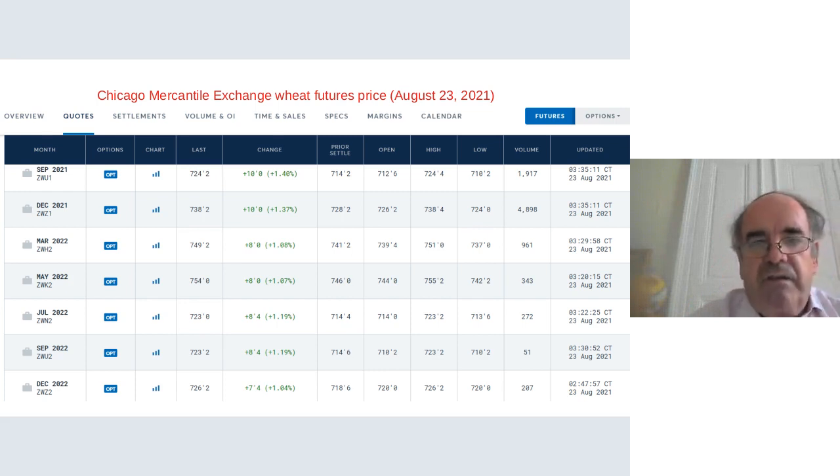Last price is the fourth column. For wheat, buying on the futures market, it's no more a forward price, it's a futures price. The difference is just that it's traded on an exchange.